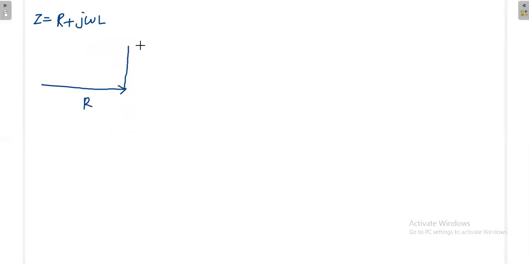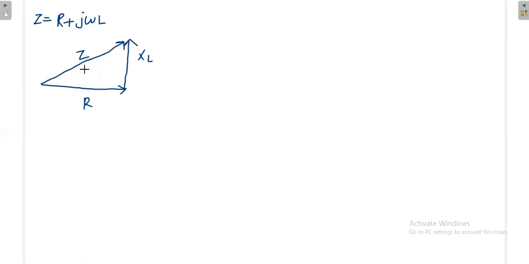This is like XL, omega L or XL. Now what is the value of Z? That Z value will be given by the third side, because if you increase R, this also will increase. If you increase XL, this also will increase. That's why this is Z.